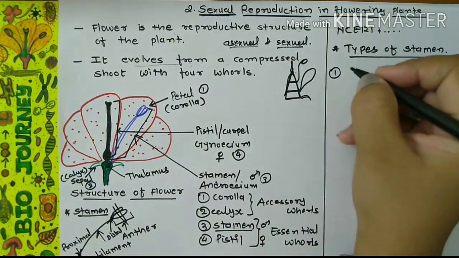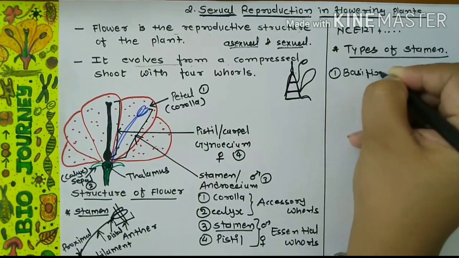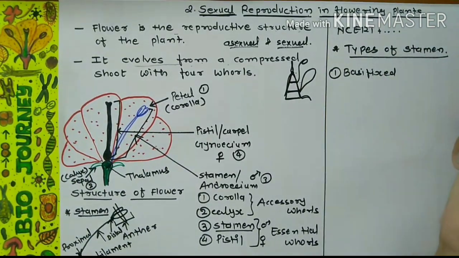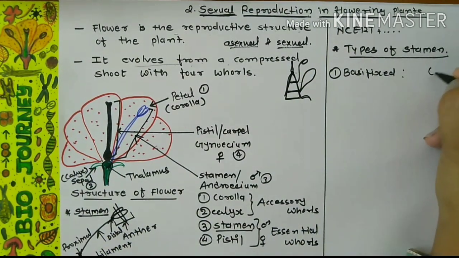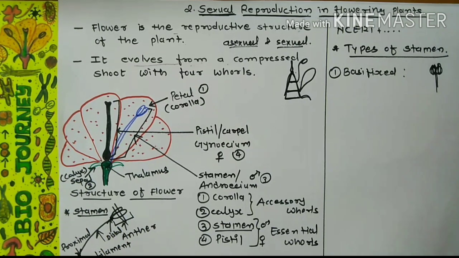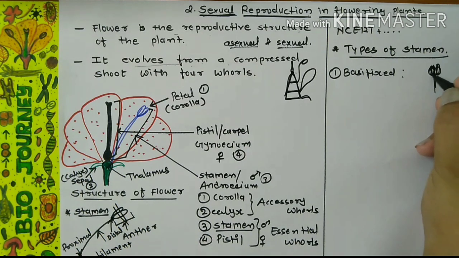The first type is the basifixed type of stamen. Let me draw the diagram. This is the anther. Here the filament adheres to the basal part of the anther; the filament attaches at the basal region.